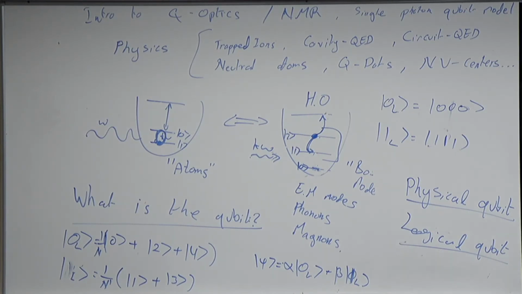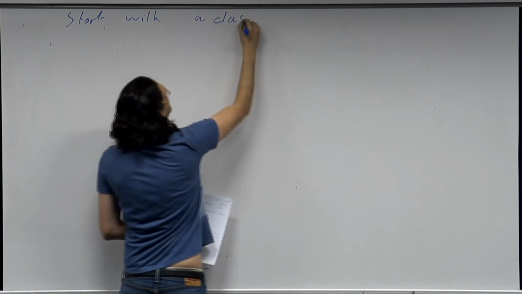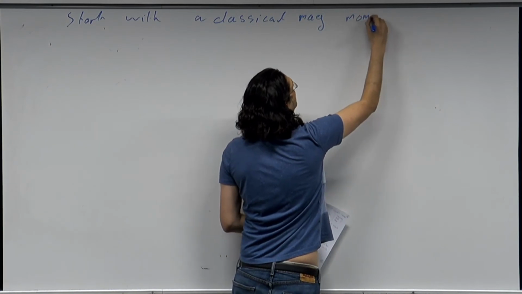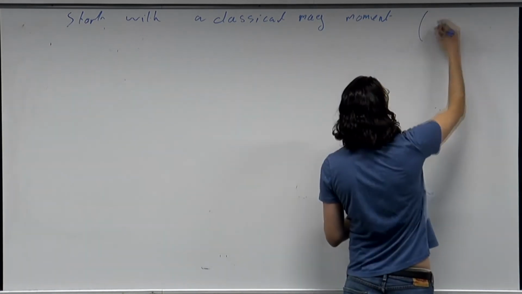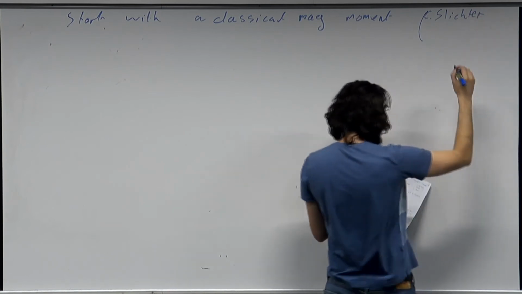And even before we talk about the simplest physical system, a single qubit, we're going to talk about a classical spin, a classical magnetic moment. A lot of what I'll be doing, I'll be following the book by Charles Slichter, his NMR book.